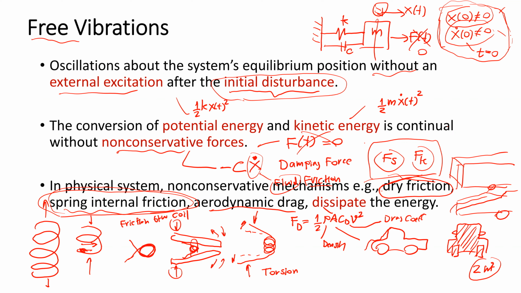But the aerodynamic drag varies with the square of the velocity, so you're going to see the significant effect of aerodynamic drag extremely at high speed, because of the square power of the velocity.